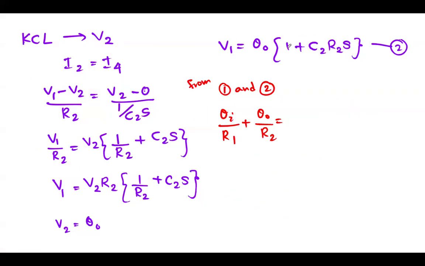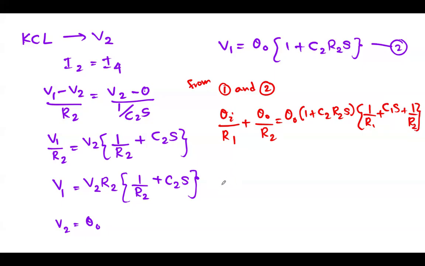Now V1 is this one, theta naught times 1 plus C2 R2 s, into 1 over R1 plus C1s plus 1 over R2.